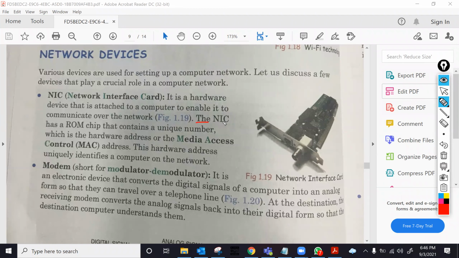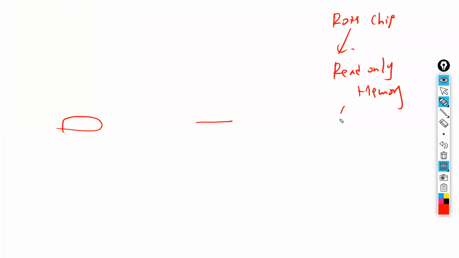The NIC has a ROM chip. You know that ROM means read-only memory. In other words, ROM is a permanent memory, or we can say static memory.